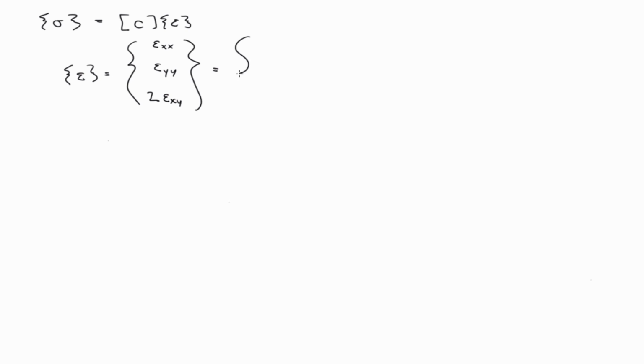And in terms of the displacements, then, you could write that as, I'm going to write U sub X, so the X component of the displacement. The displacement U is a vector, it has X and Y components in 2D, right? So the X component of the displacement, partial X, is epsilon XX, right?